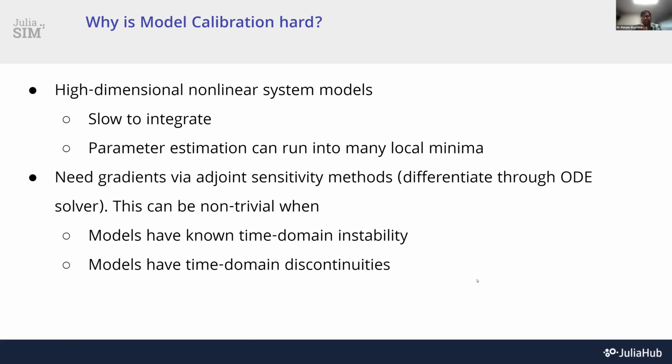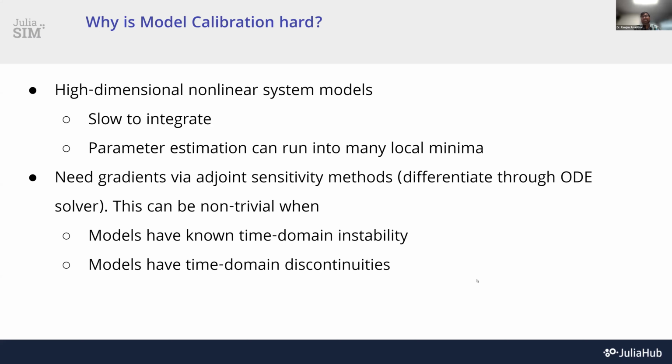One is the fact that you have highly nonlinear models that often tend to be very high dimensional. When you use different types of modeling paradigms, you tend to build these models using physical understanding and then rely on a compiler to generate the actual dynamical system for you.